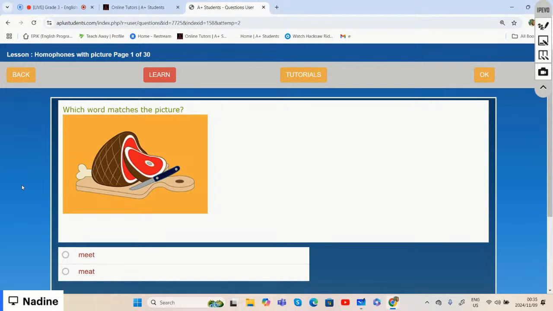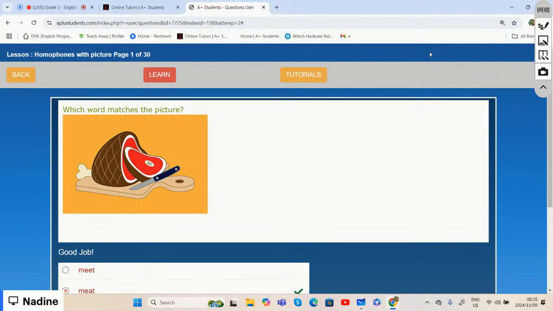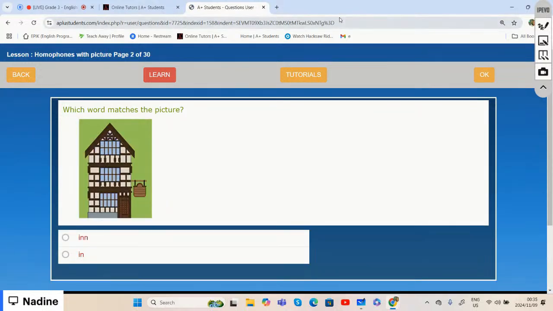And if we were to choose the correct option, then yes, we go with option two, meat, the food that we eat. So well done. Option two, meat, is correct. Yes, the first word meat, not meet, to come together. Well done. Let's look at the next one.